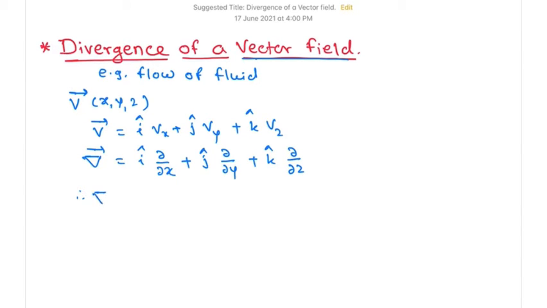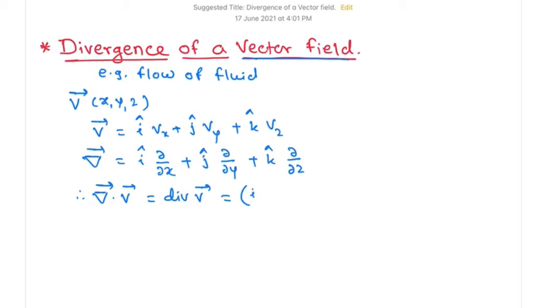Therefore, the divergence of vector point function is denoted as del dot v or div v, and that term we simplify by using the two terms.